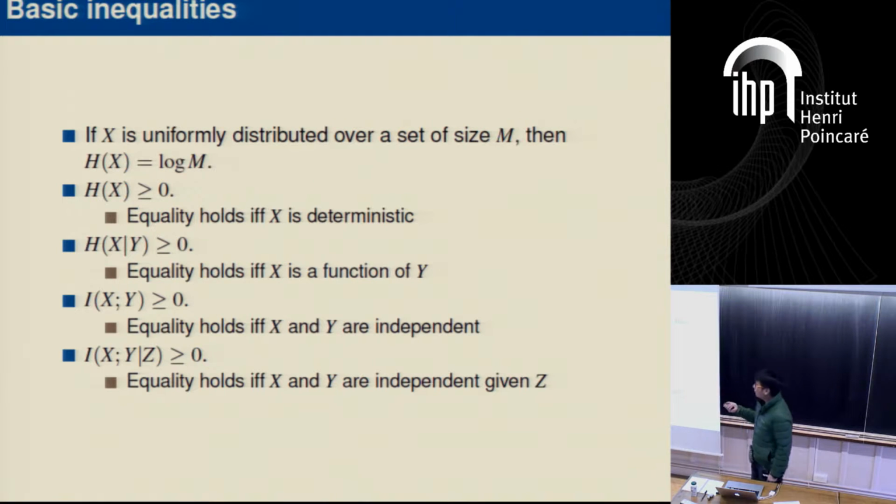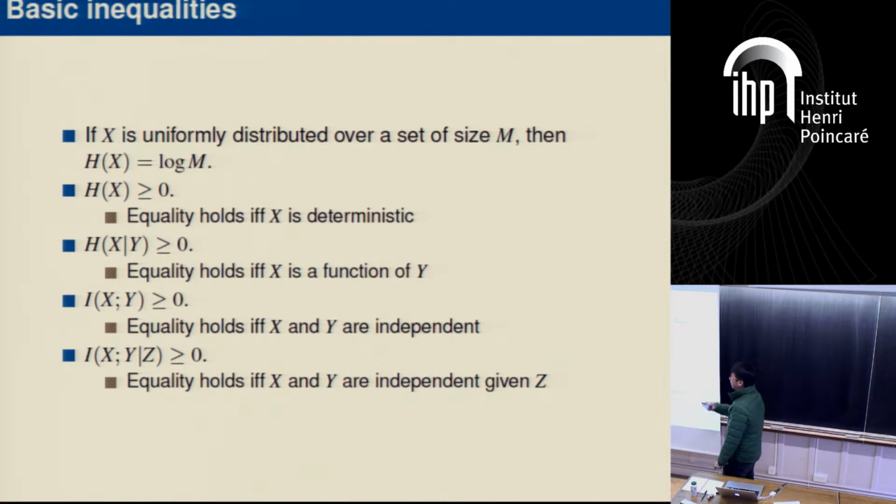And not only that, we find that when a measure becomes 0, it corresponds to a very interesting scenario. For example, when entropy is 0, that means the random variable X is deterministic, so you know with probability 1 what the outcome of X is. When the conditional entropy H(X|Y) is 0, that means X is actually a function of Y: if you know Y, you know for sure what the outcome of X is.